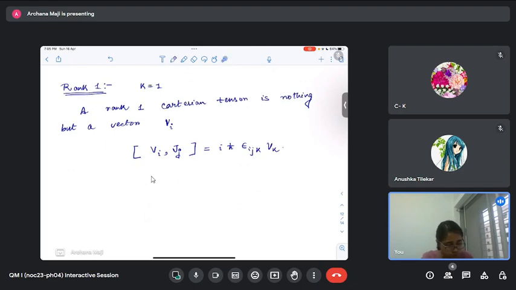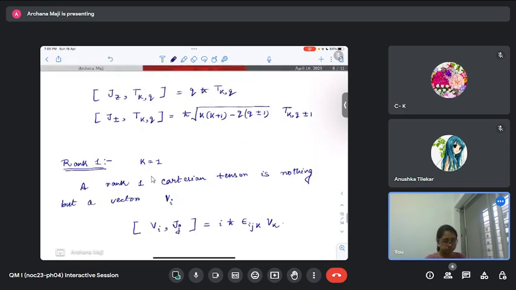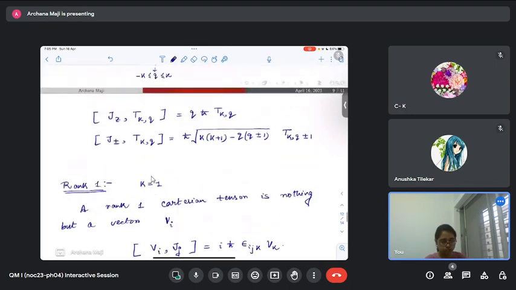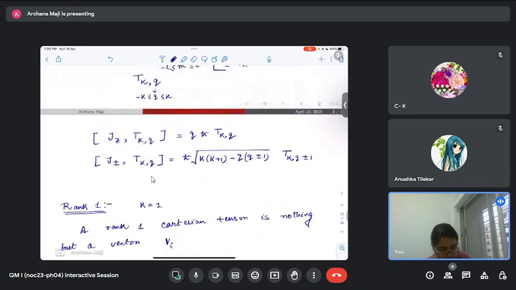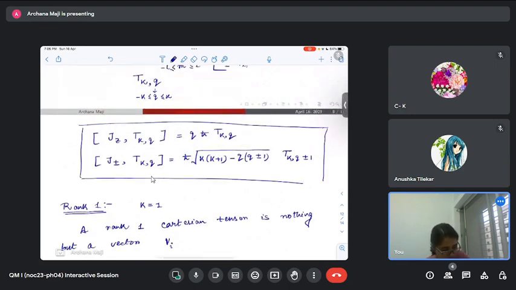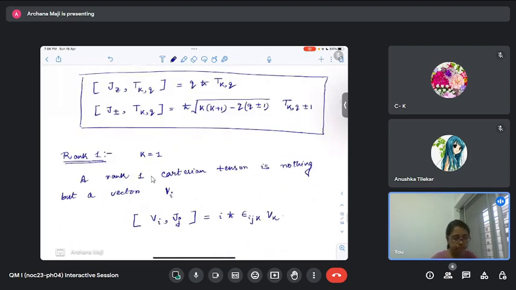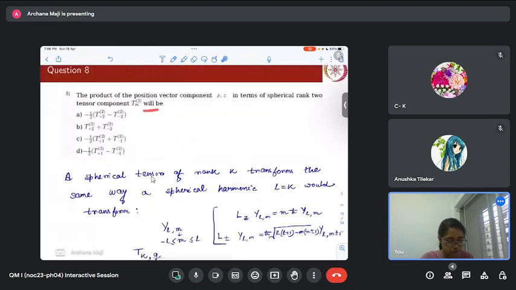So this is a known commutator, and from here we can actually try to compute the spherical harmonic. So these are the formulas that spherical harmonics of rank k satisfy, and we want to find out the spherical harmonic in terms of Cartesian tensors, which are nothing but vectors, because that would be useful here, because position vector components we need to write in terms of spherical harmonics.